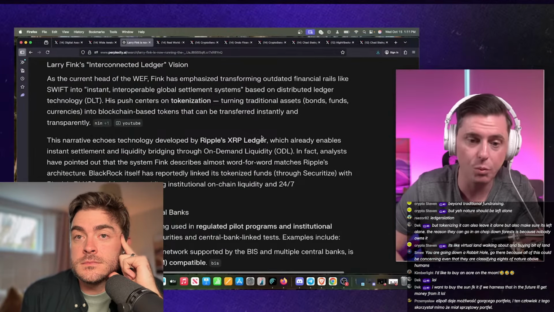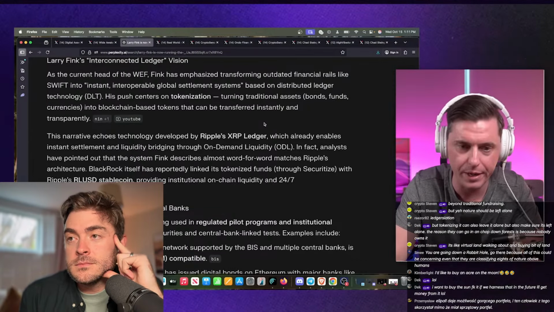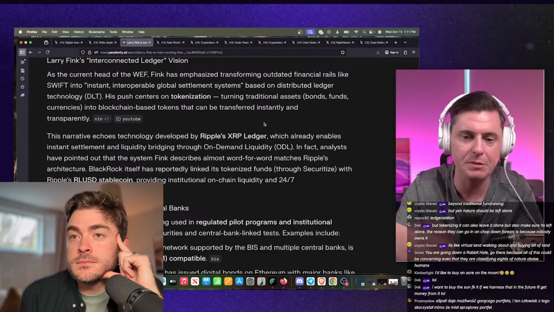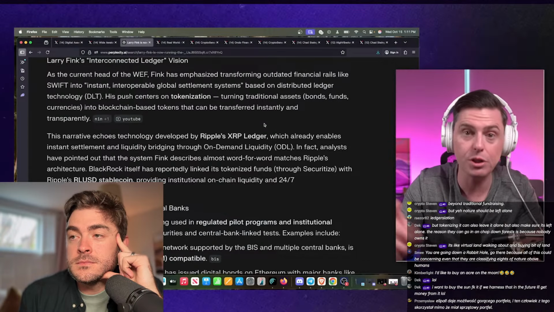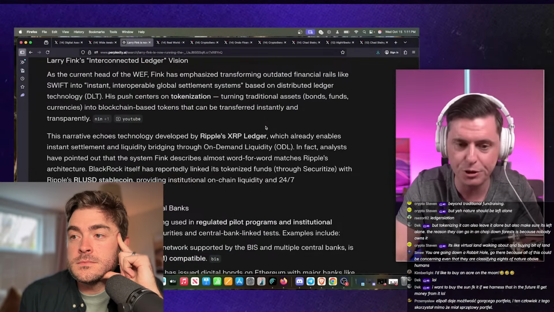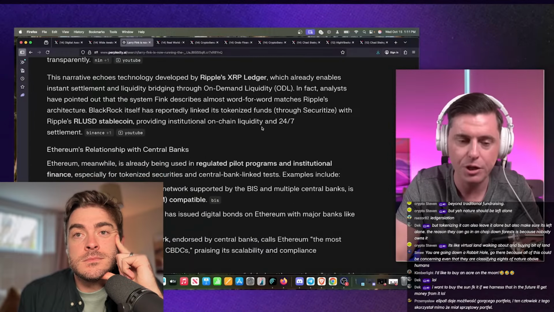As the current head of the World Economic Forum, Fink has emphasized transforming outdated financial rails like SWIFT into instant interoperable global settlement systems based on distributed ledger technology. His push centers on tokenization, turning traditional assets like bonds, funds, currencies into blockchain-based tokens that can be transferred instantly and have transparency.